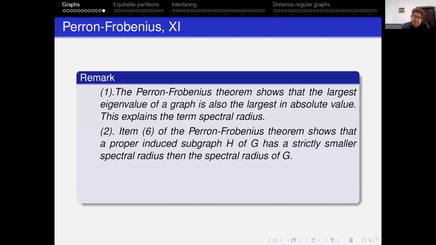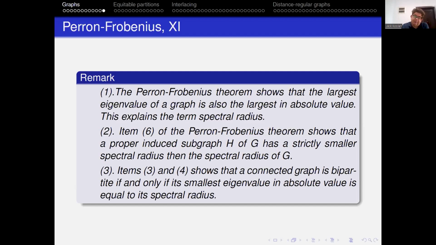And the sixth item of the Perron-Frobenius theorem shows that if you have a proper induced subgraph H of T, that has always strictly smaller spectral radius than the spectral radius of T. We will show interlacing later, but this shows that you get not only an inequality, but really a strict inequality for the largest eigenvalue.